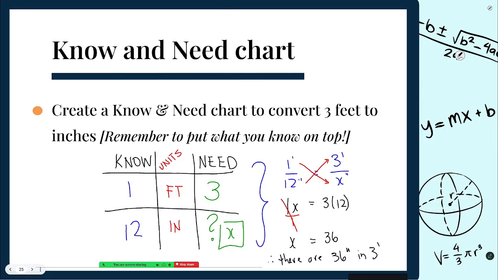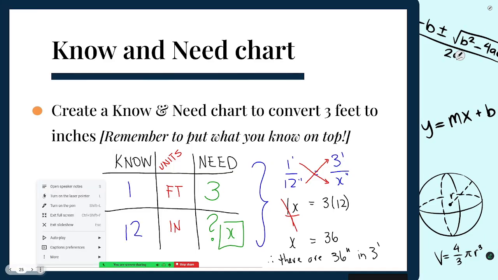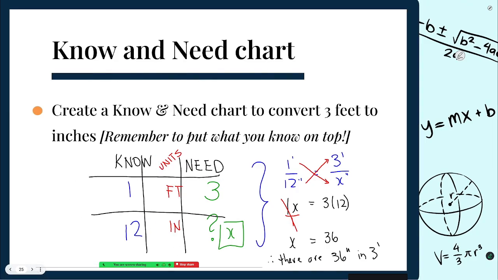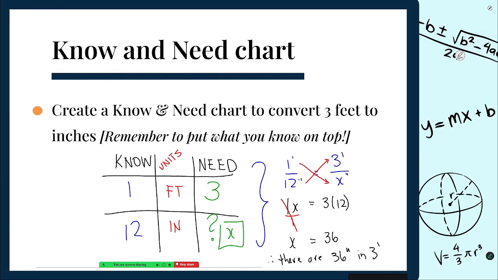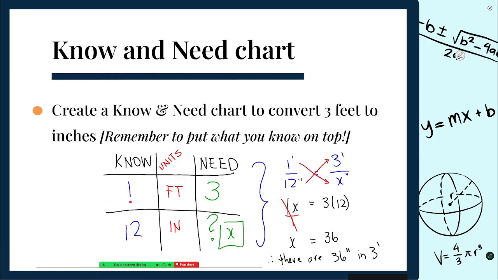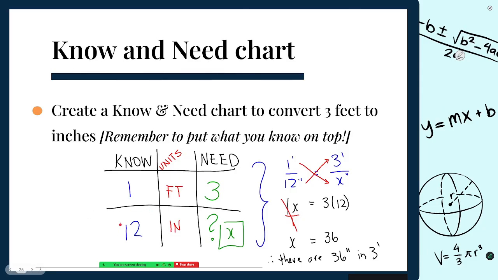So you can set it up in the chart, or you can just set up the ratios. If we take the 2 left-hand side squares of our tic-tac-toe board, what we're seeing is 1 over 12.